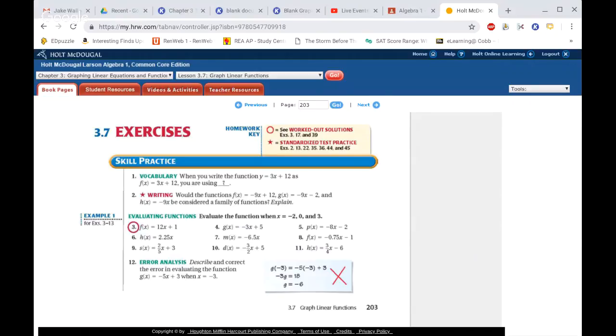And on all of these lines, your domain and range, because it extends in both directions, both on the x axis and the y axis, the good news is for all these linear functions that we've been dealing with, the domain and range is all real numbers for all of them. Yeah, that makes sense. Okay, good.